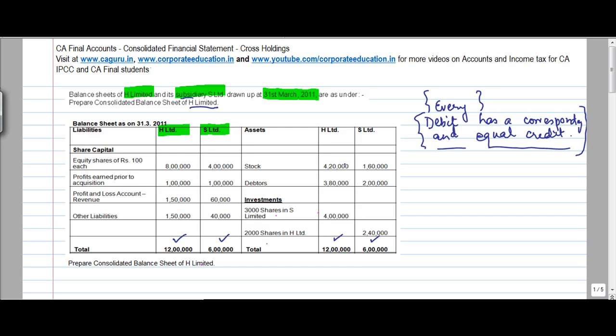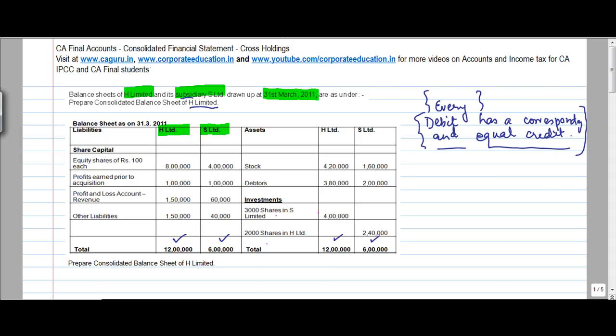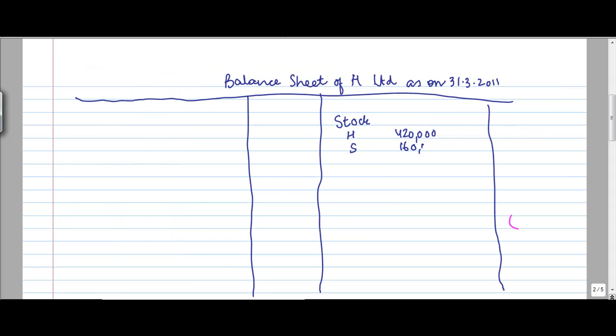Stock is 4,20,000 for H and 1,60,000 for S. So I write stock, H 4,20,000, S 1,60,000. There is no adjustment here, so I do a sum of these two and I get 5,80,000 of stock.